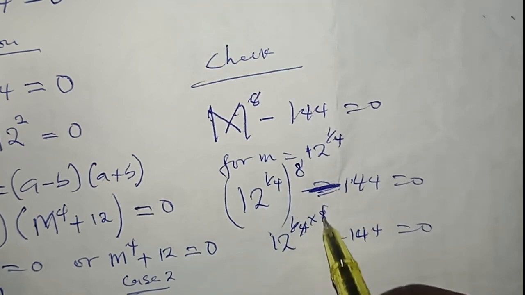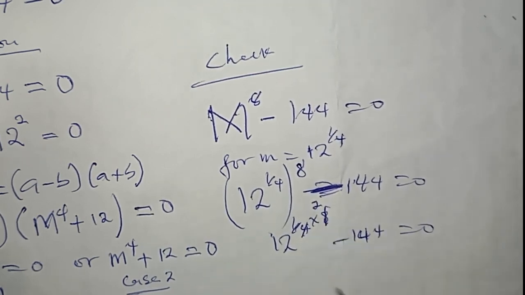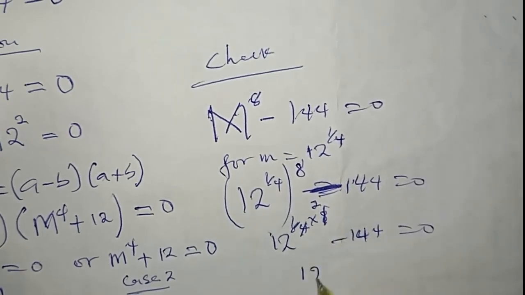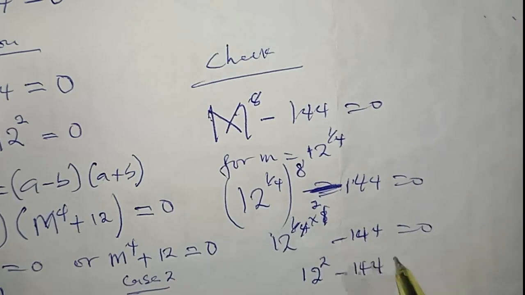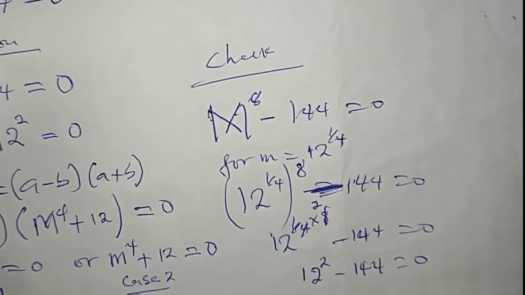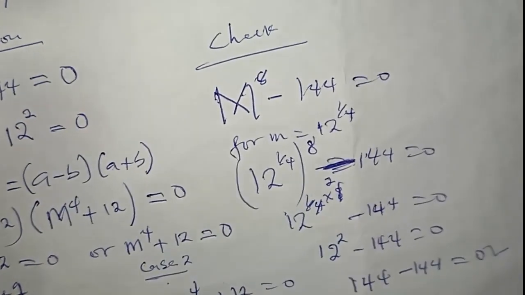This can actually cancel this, and of course 4 divided by 4 is 1, 4 divided by 8 is 2. So 2 times 1 is 2. So I have 12 power 2 minus 144 is equal to 0. And obviously 12 power 2 is 144, minus 144. And of course you can see it satisfies, it is equal to 0.